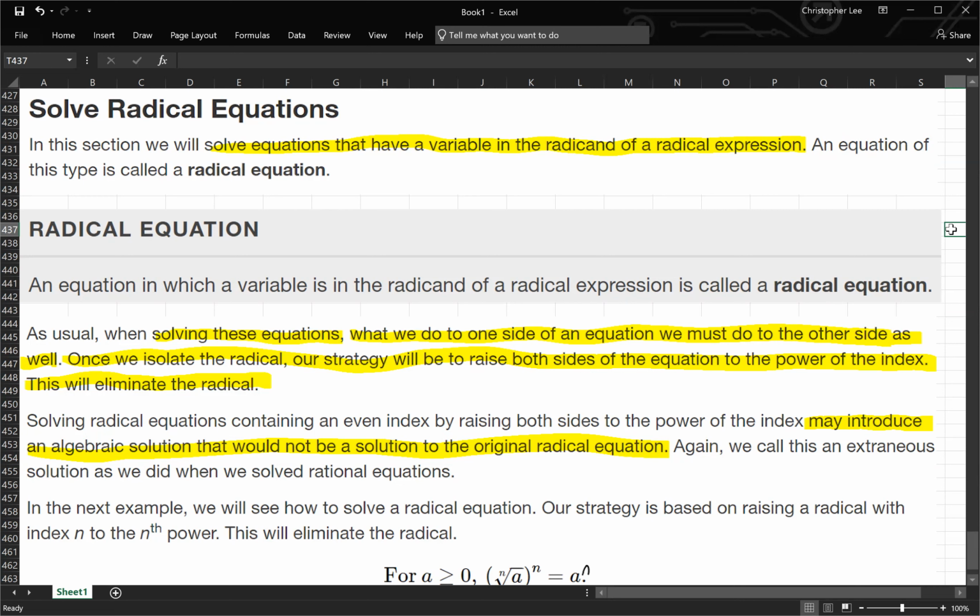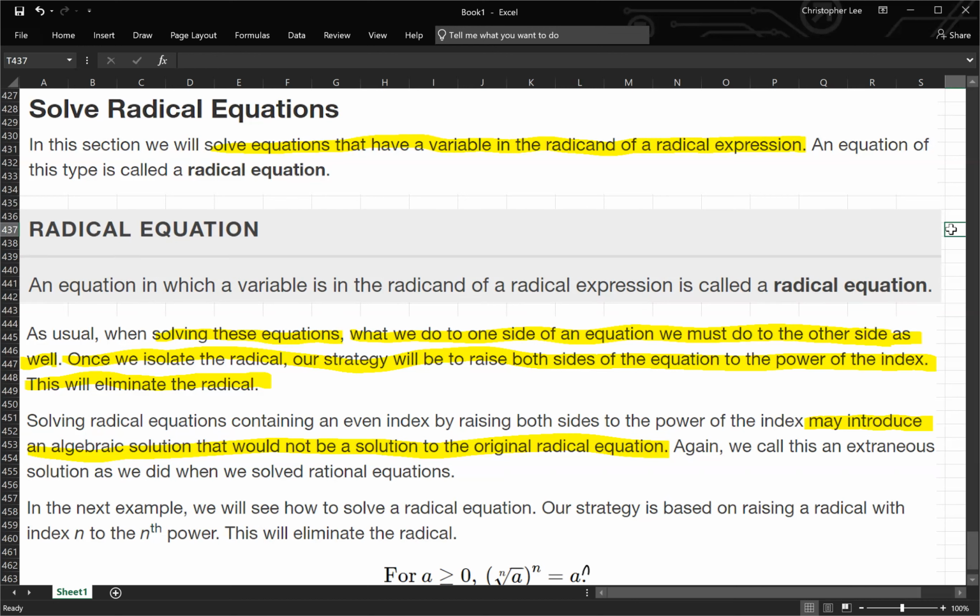This will eliminate the radical. Solving radical equations containing an even index by raising both sides to the power of the index may introduce an algebraic solution that would not be a solution to the original radical equation. Again, we call this an extraneous solution, as we did when we solved rational equations.